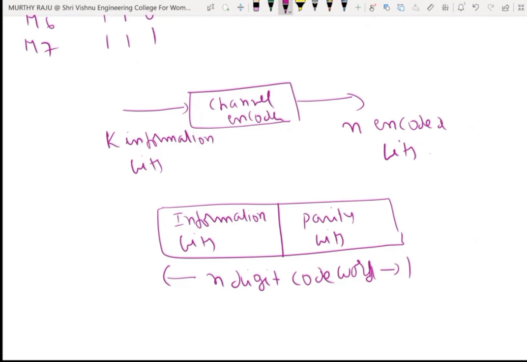The channel encoder adds some redundancy bits, that means parity bits, to the information bits. The length of the information bits is k here. K is the total number of information bits. The number of parity bits is n minus k.